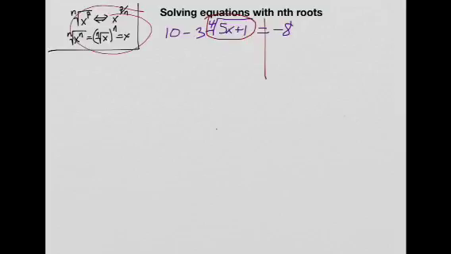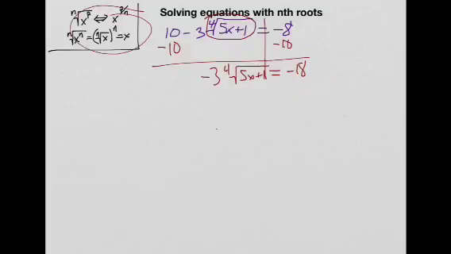So, again, I'll get rid of my 10. I'll get negative 3 times the fourth root of 5x plus 1 equals a negative 18. And yeah, I have a negative number over here.